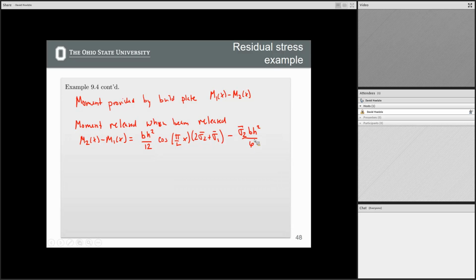Okay. So now that we have it in this form, we can turn this into a pretty simple beam bending equation, right? This would be the moment that is applied when we go from the undeformed configuration to the deformed configuration, a difference in moments. So it turns almost exactly like the problems that we saw on Tuesday's lectures of beam bending. And so from here we can compute deflection of the beam.